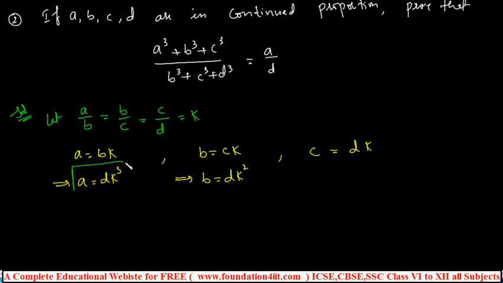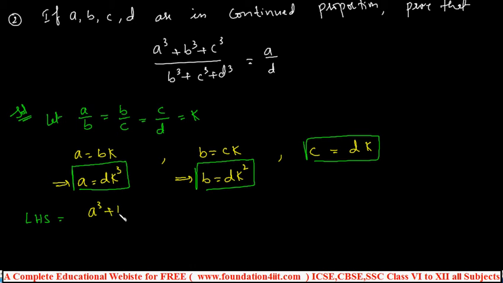So A is in terms of D and K, B also in terms of D and K, and C also in terms of D and K. Now these three we will apply in this LHS to get RHS. Let us take LHS and simplify first. You will get the same RHS, or else you can take RHS again and apply the same, and we will get the same for both.